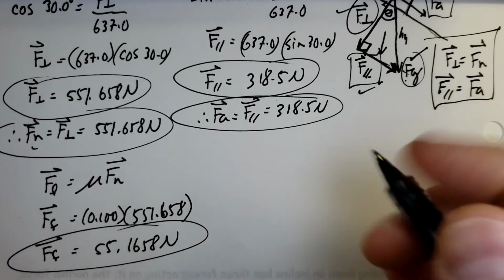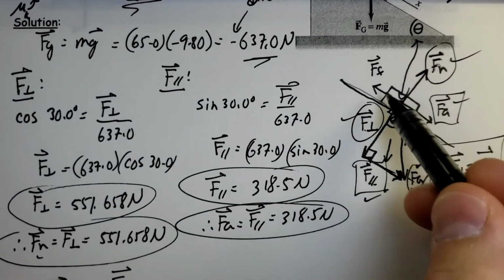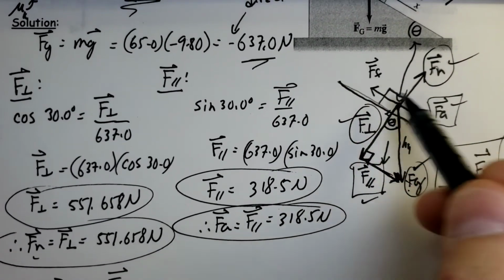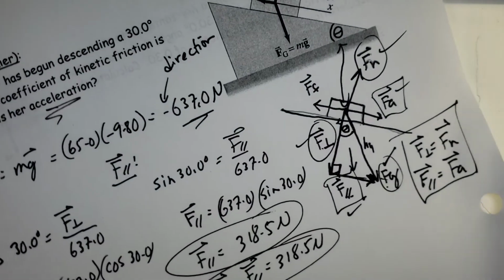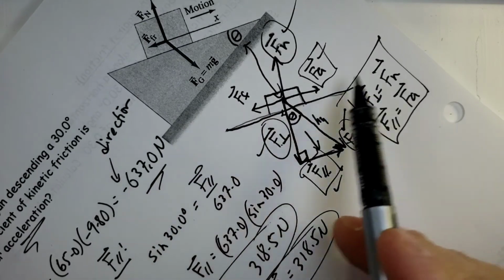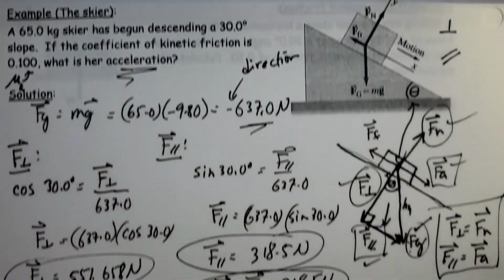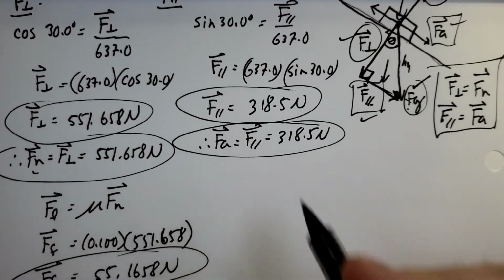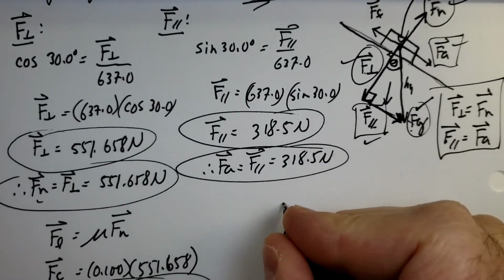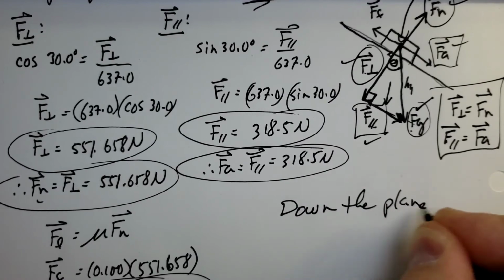Okay. Now, we know that this block isn't going to levitate upwards or downwards. So it's like what we've done before. So if I was to rotate this, of course, the horizontal motion is what we're looking at. Now, of course, the horizontal motion has been tweaked a little bit. It's kind of angled downwards. So instead of calling it horizontally, I'll maybe put down the plane as a direction that we're going to be looking at.